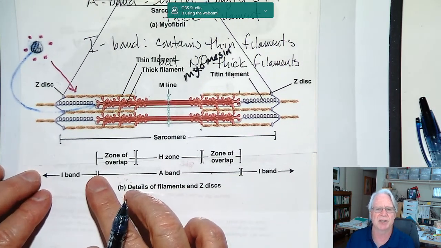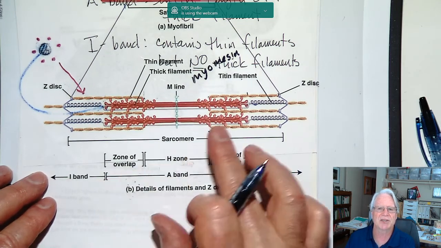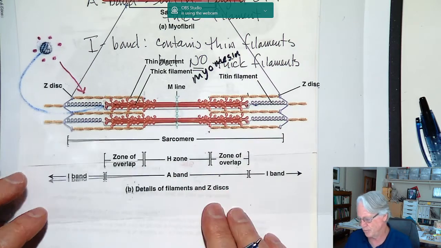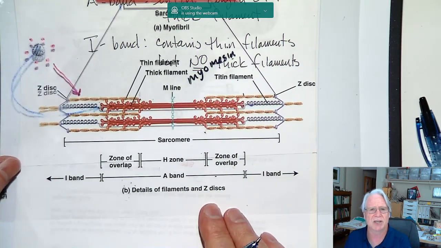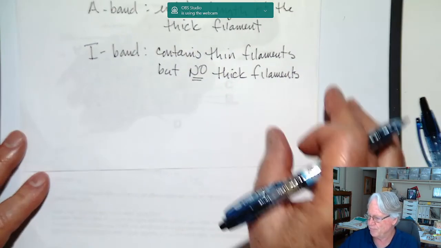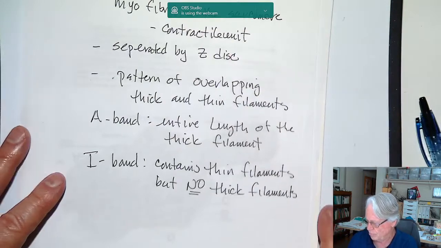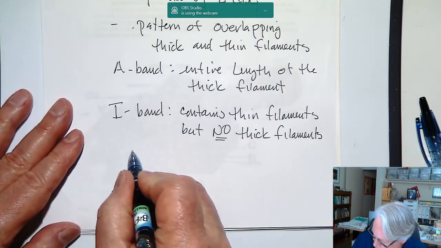And now I want you to notice that the I band crosses two sarcomeres. So let me draw that in a way that makes sense to you so we can get that visualized. I'm going to draw two sarcomeres.